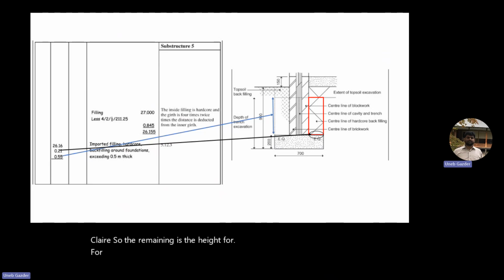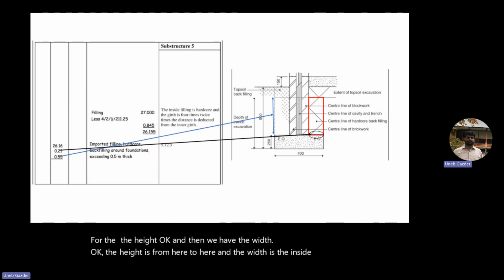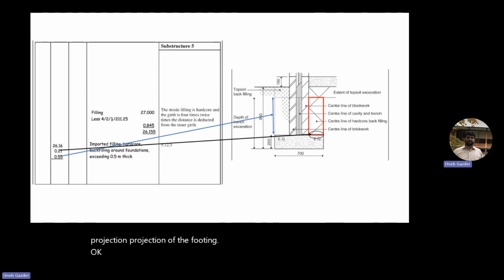So the remaining is the height for the hardcore. And then we have the width. The height is from here to here, and the width is the inside projection of the footing. We already calculated this projection, right? Same as this one.